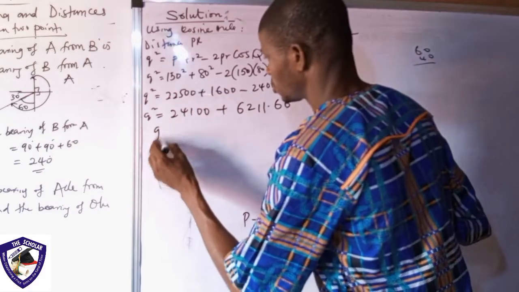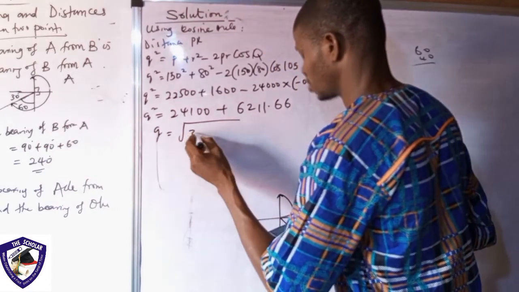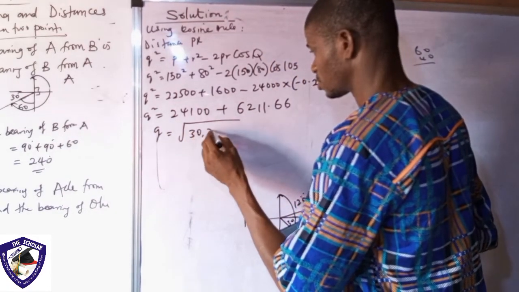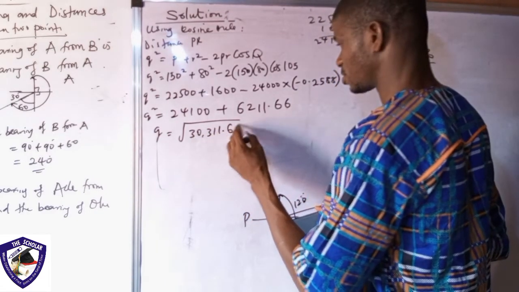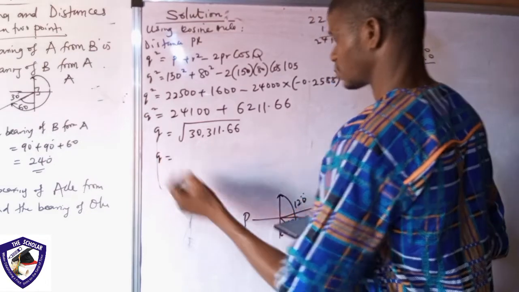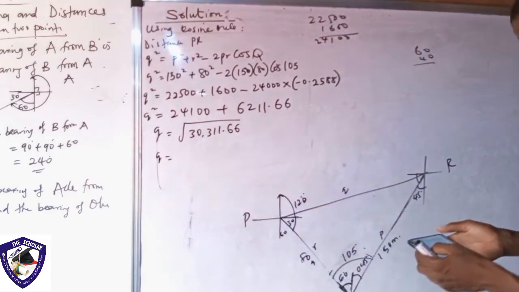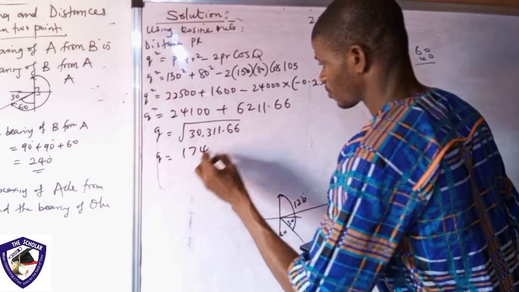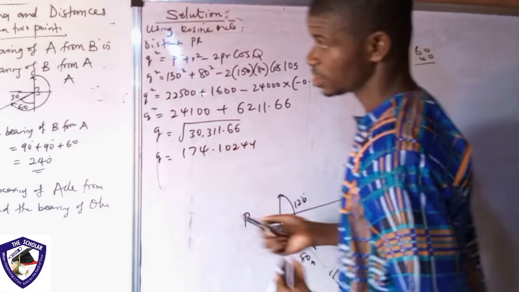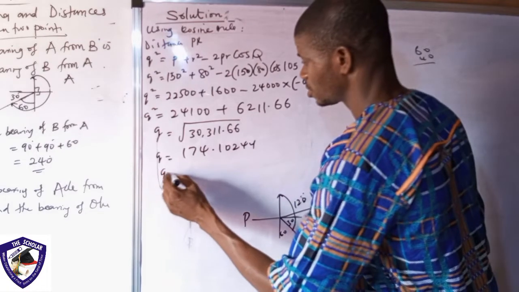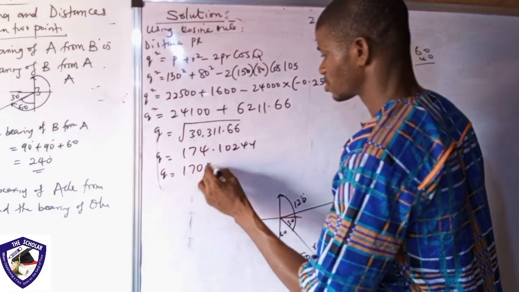That gives us q is equals to square root of 30311.66. So we take the square root of that value, 174.10244. So the question says to two significant figures. So our q is equals to 170 meters.